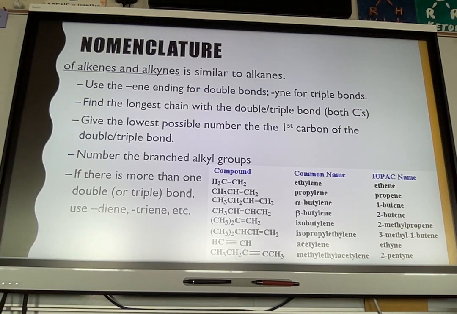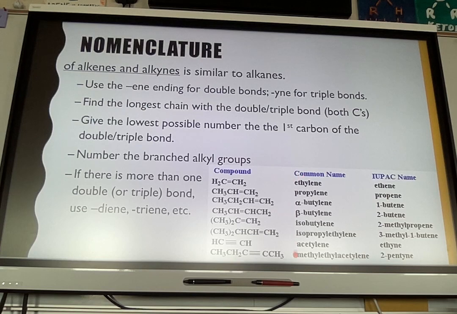And then you give the lowest number possible to the first carbon of the bond, and then you branch just like you did before. If there's more than one double or triple bond, you use di and tri. So a diene would be 2 double bonds, and a triene would be 3 double bonds.